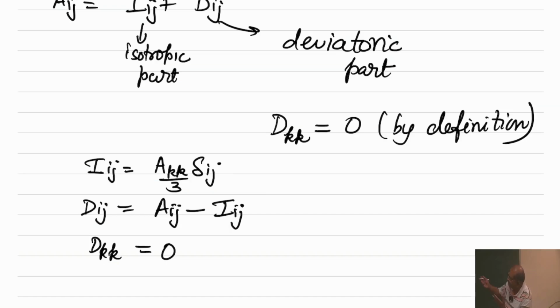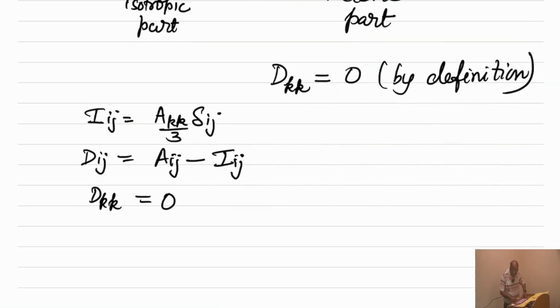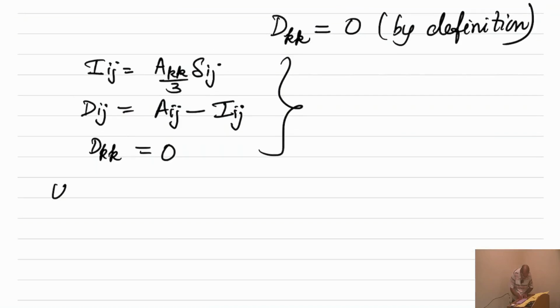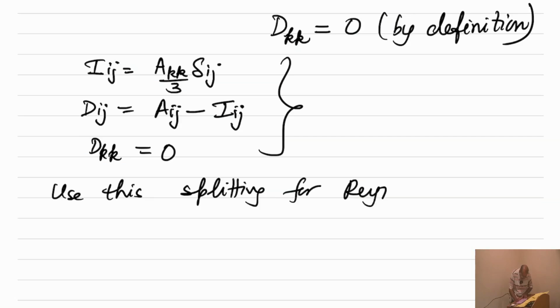And the same thing now, once I have this general A tensor, and why I was doing the general tensor, I can use this splitting for the Reynolds stress, tau ij.